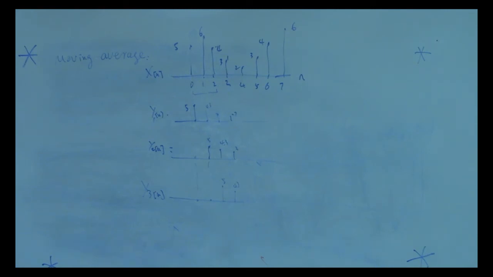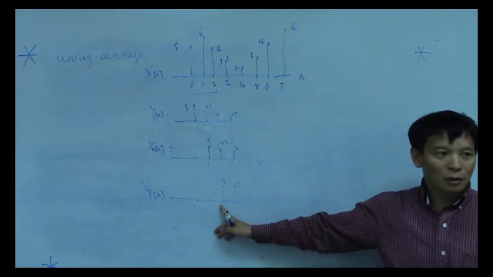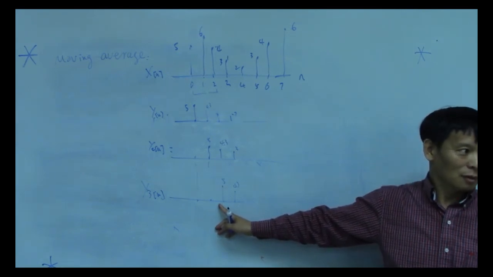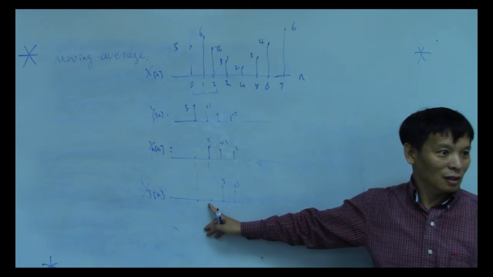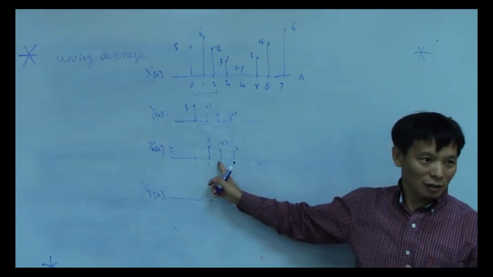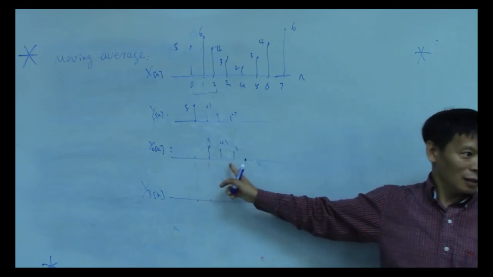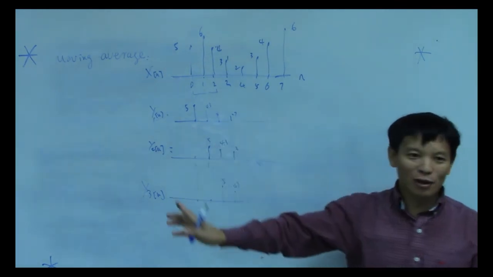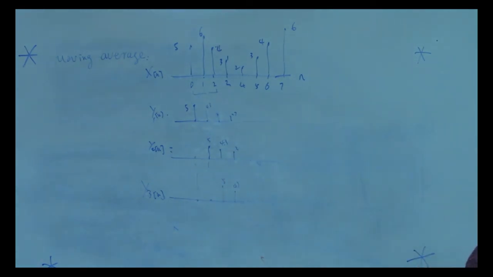In the first one, no. When you calculate the output at this time, do you need the input other than this time? Yes, right? In this case, you need the past time. This one you need this time, yesterday, and tomorrow. So you need to memorize all these numbers. So all these three systems have memory.